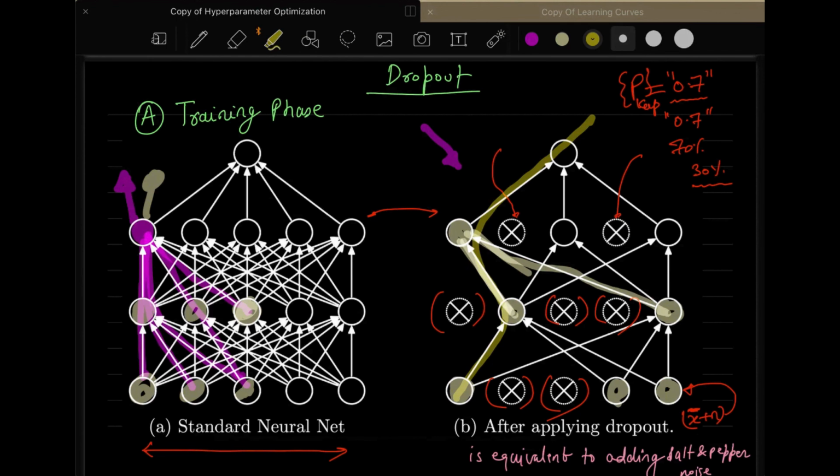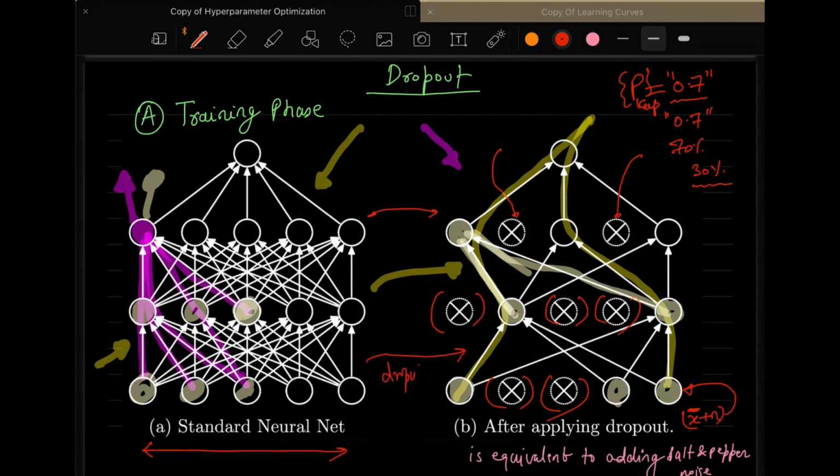As you can see, most of the W's are gone, so it will implement very simple models, whereas this particular model will implement highly complex models. So this type of neural network will tend to overfit, but this type will not overfit.